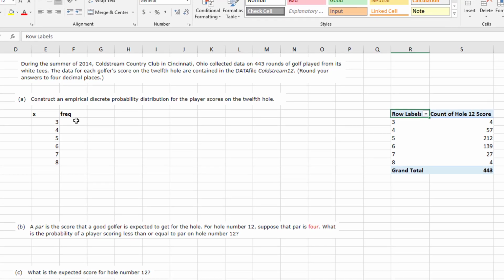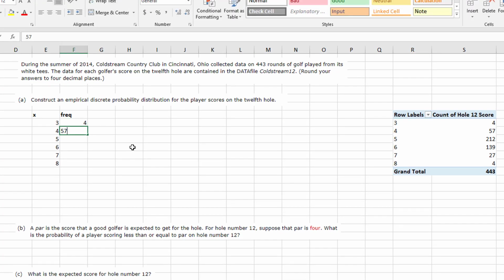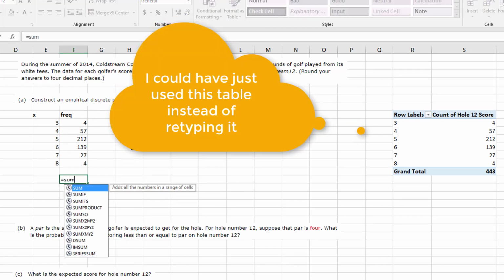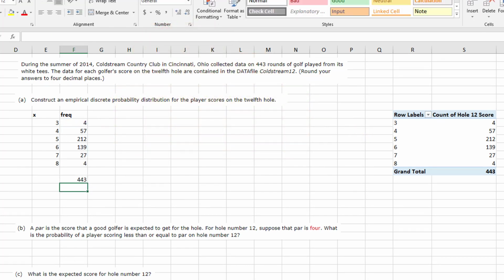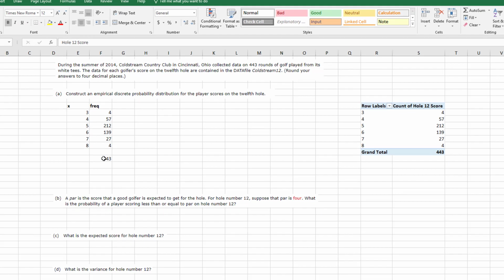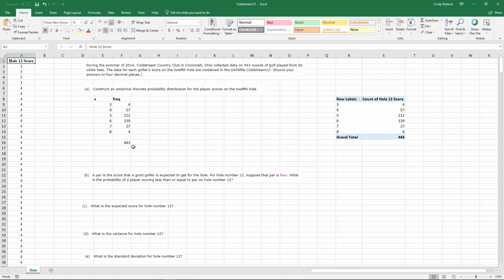So these numbers here are my frequency numbers, 139, 27, and 4. If you don't believe the sum, you could go ahead and sum these, but we already saw it went to 444. And then of course, this was what made it, it's 443 values, but then this made it 444.